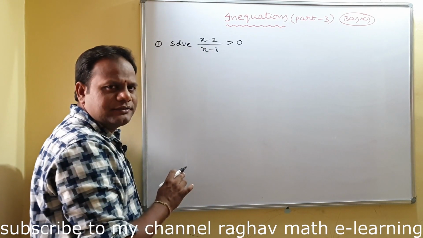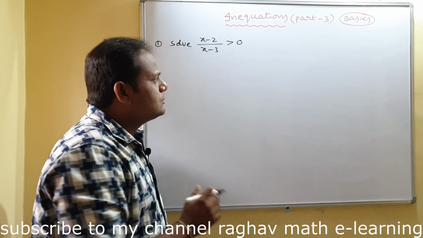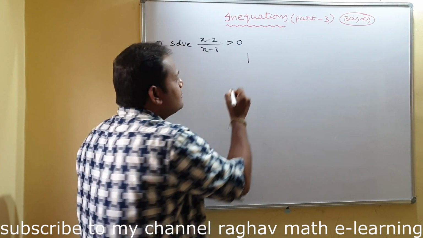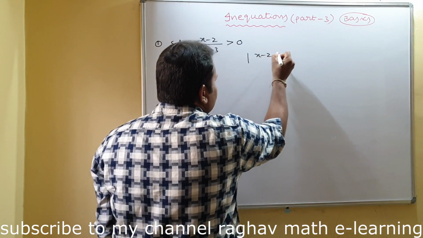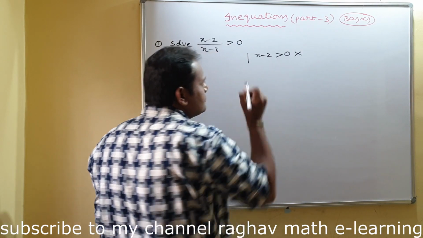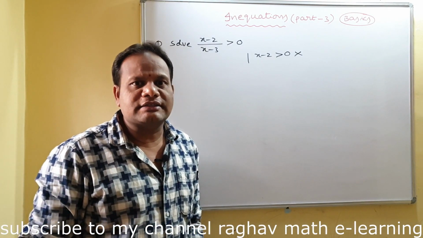Here you see that this is like a by b greater than 0. Some of the students just do cross multiplication and write x minus 2 greater than x minus 3 into 0, that is 0. It is wrong. Already I told you about that in my last classes.